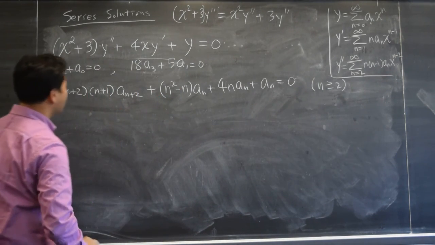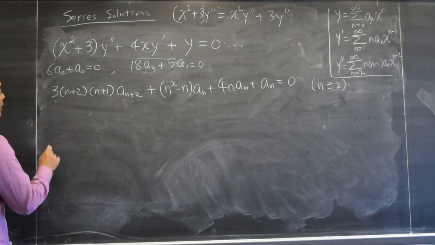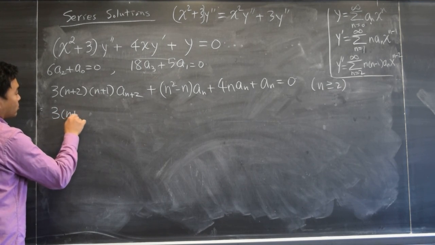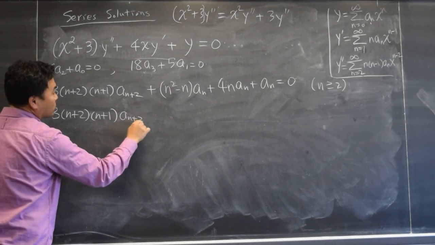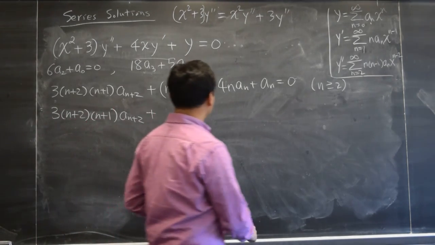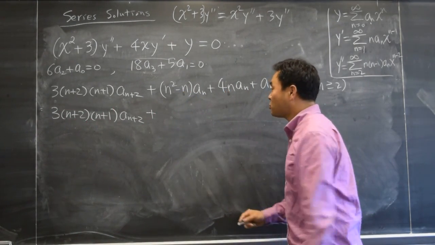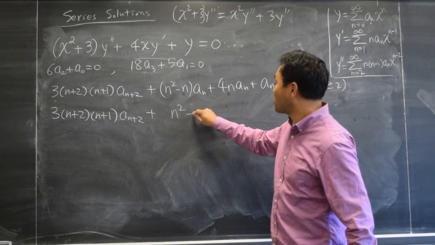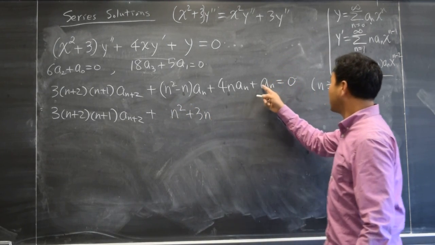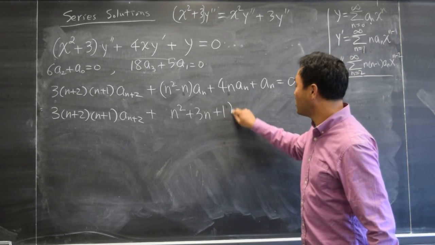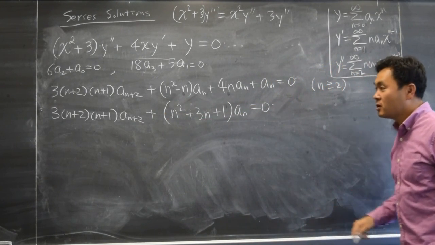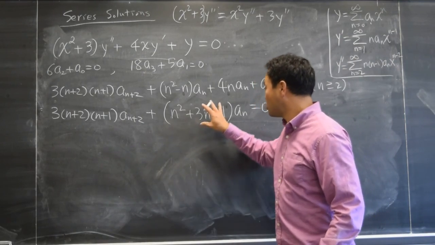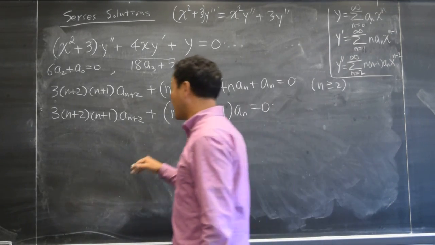So we have 3 n plus 2, n plus 1, an plus 2, plus 4n plus n is 3n, right? So we have n squared plus 3n, and then an, that's just 1, an equals 0. So now in order to solve for this, you should move this to the other side and divide.